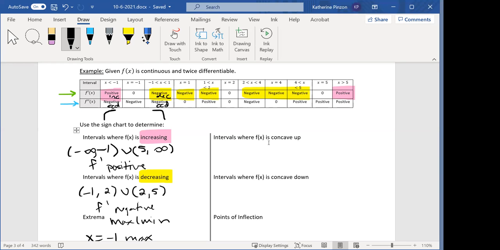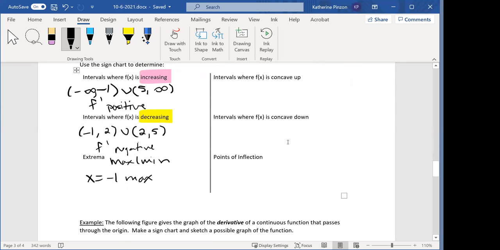It's going down, negative, coming up, positive. Minimum at x equals 5. So remember, extrema happen at critical points, which were at -1, at 2, and at 5. 2 got excluded because the derivative didn't change sign there.